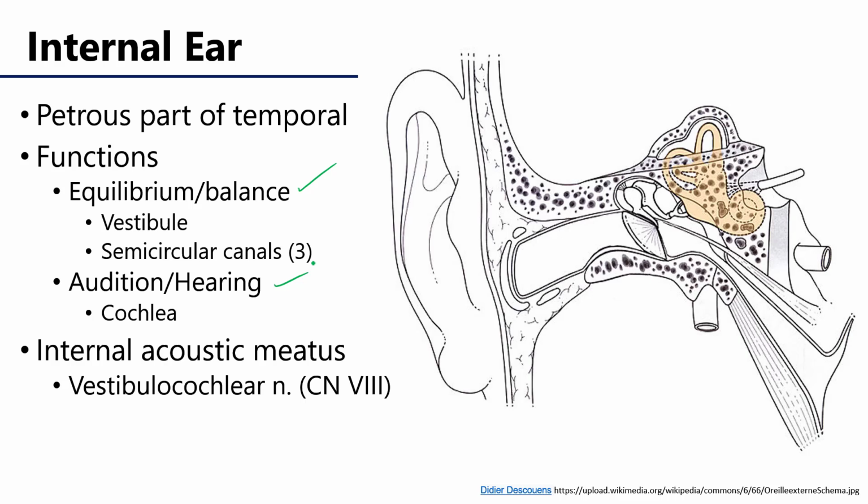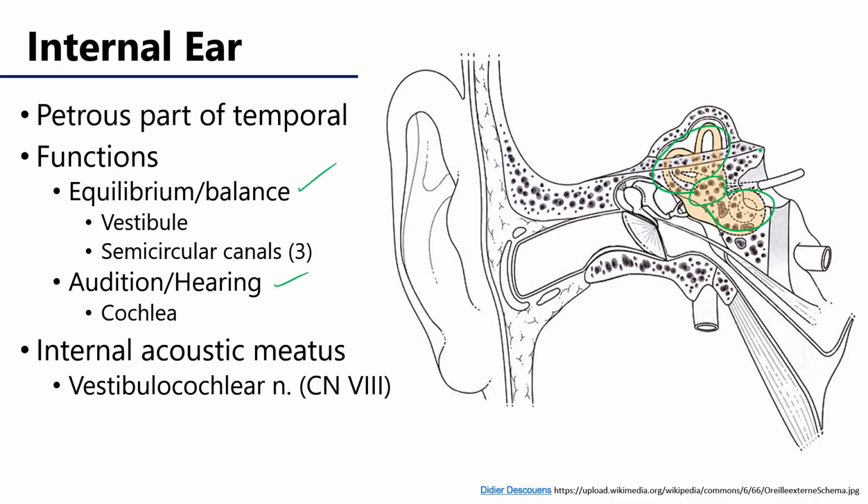The equilibrium and balance are the purview of the vestibule as well as the semicircular canals, whereas audition or hearing is the purview of the cochlea.